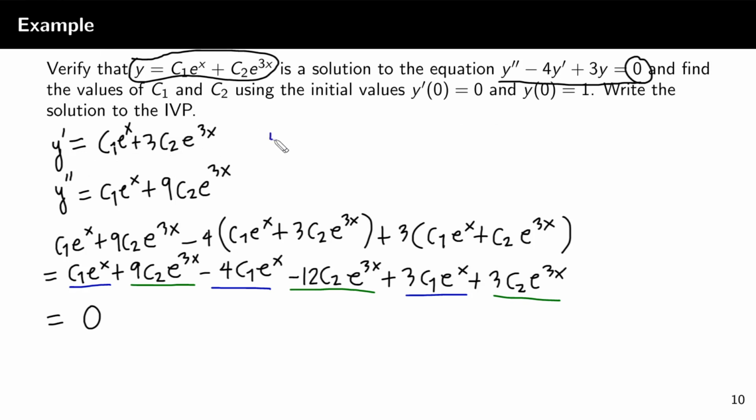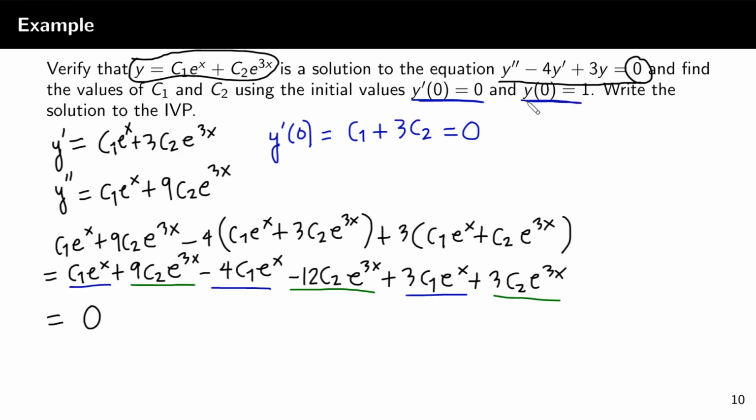So y prime of 0 is equal to, e raised to 0 here becomes 1, so it's just c sub 1. Plus, this e raised to 3x also becomes e raised to 0, so that's also 1. So what remains is 3 c sub 2. And according to the condition, this is equal to 0.